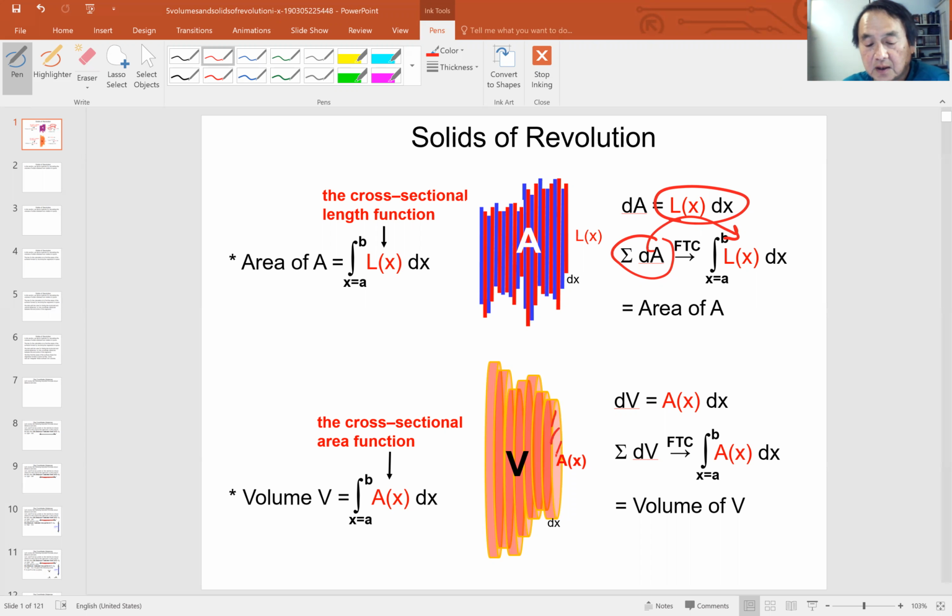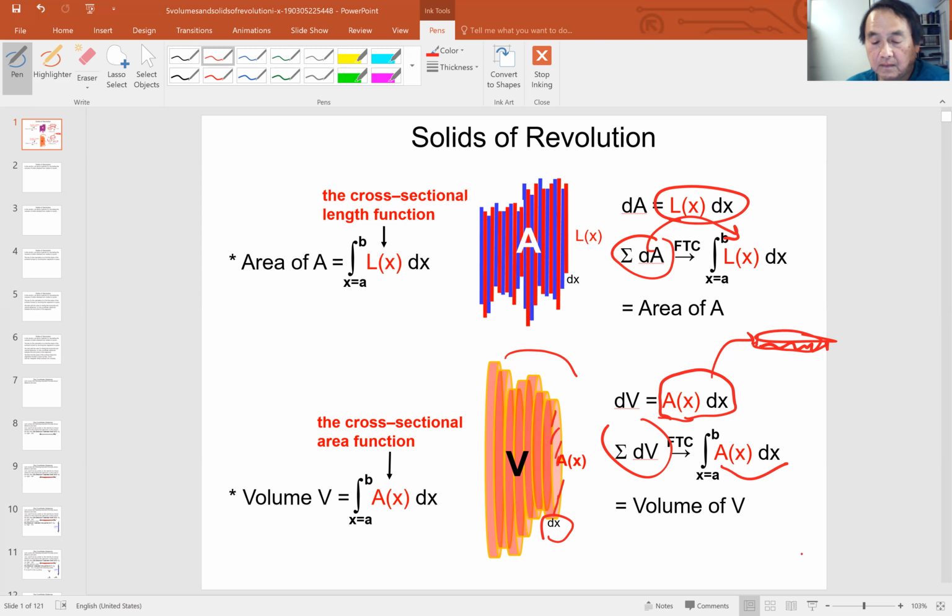Volume is the cross-sectional area times little thickness, dx, and that is the volume of a very thin disk. And then we add up all these thin disks, and that turns into an integral. That's a volume.